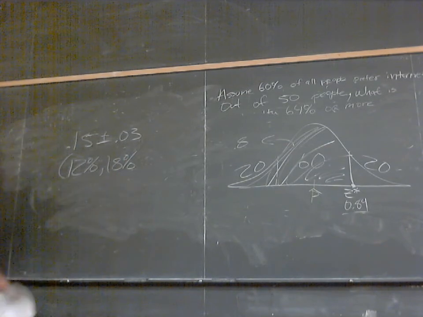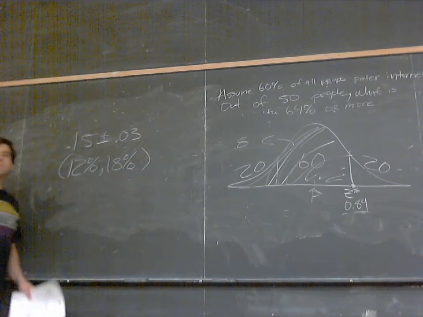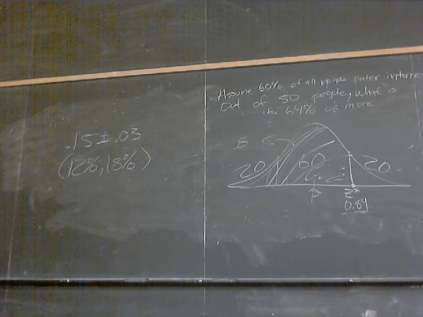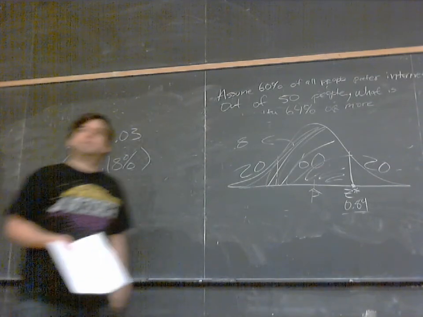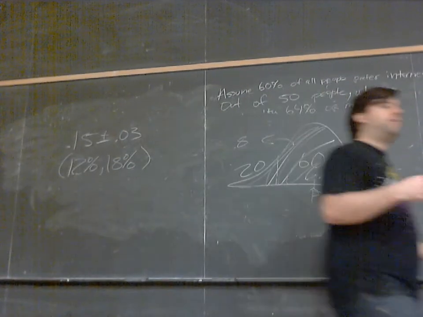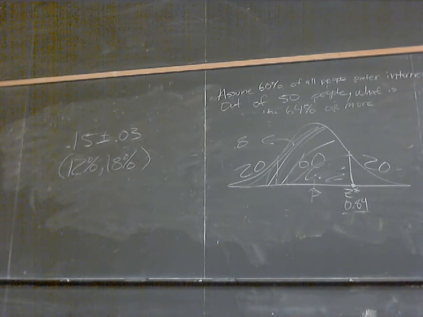So this means that my p hat of 15% for the proportion of people who pass the bar on their first try leaves me 60% confident that the true value of people who pass the bar on their first attempt is between 12 and 18%. Or in other words, 15% with a margin of error of 3%.